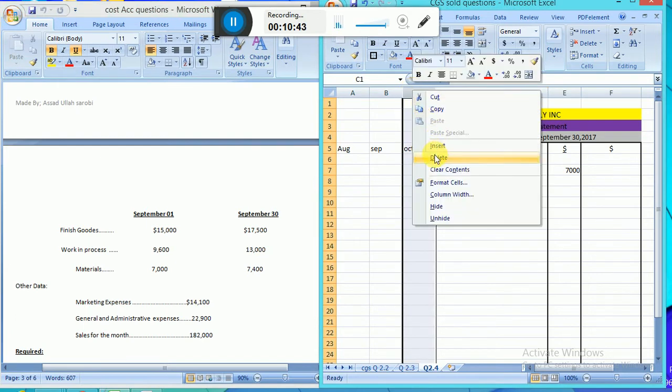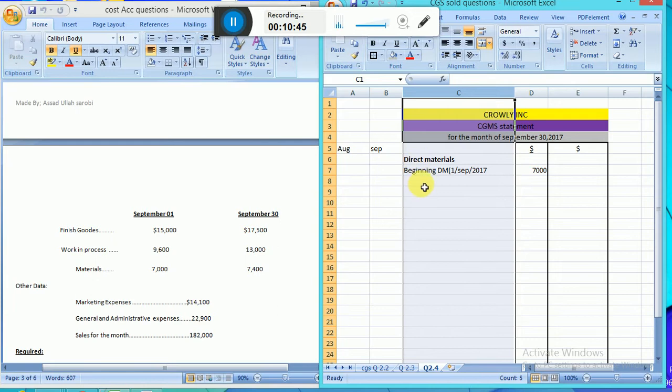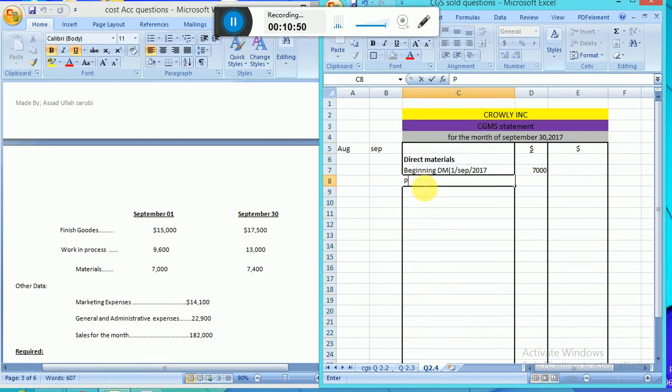So what we will do? We will find out those purchases. I will write add purchases. How much? This is still unknown, so I will write unknown.